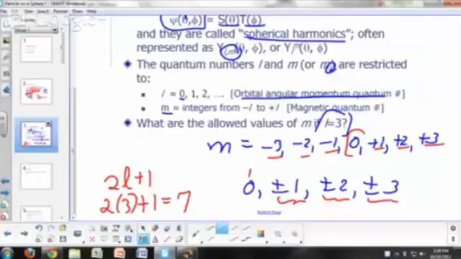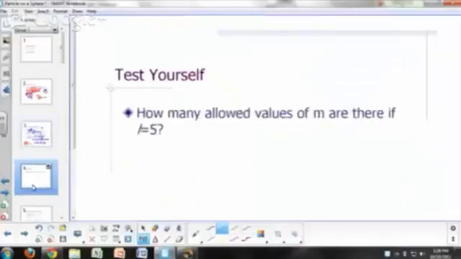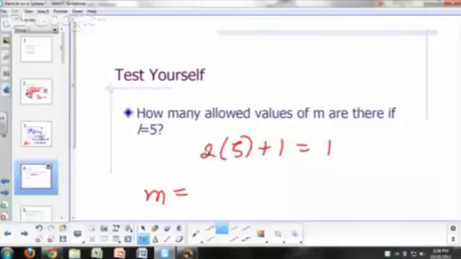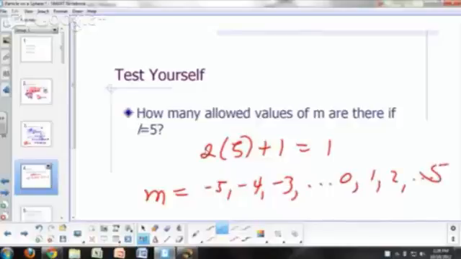So how many allowed values for m are there if L equals 5? 11, right? 2 times 5 plus 1 is 11. So what are those m values? Negative 5, negative 4, negative 3, all the way through 0, 1, 2, up to 5. That's 11 possible values of m.